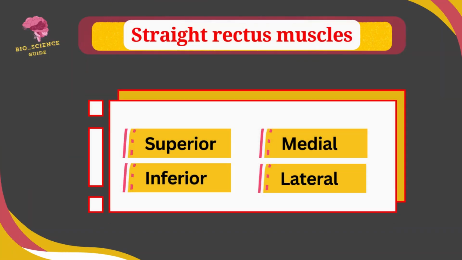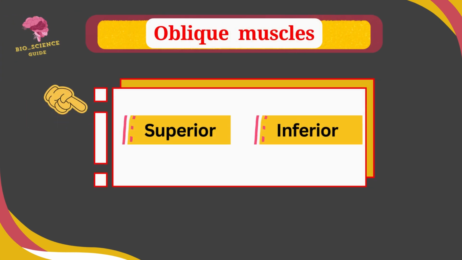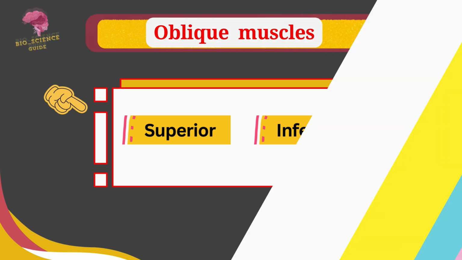The four sets of straight rectus muscles are the superior, inferior, medial, and lateral rectus muscles. The two sets of oblique muscles are the superior oblique and inferior oblique muscles. The six sets of muscles help to rotate the eyeballs.